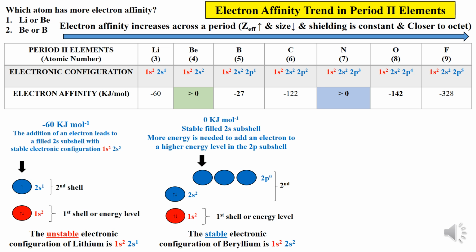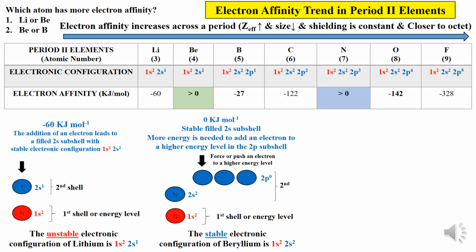So more energy is needed to add an electron to a 2p subshell, which is at a higher energy level. It is an energy demanding process, which is reflected by the positive sign. And therefore, it is an endothermic process in the case of beryllium. And that is why the value changes.